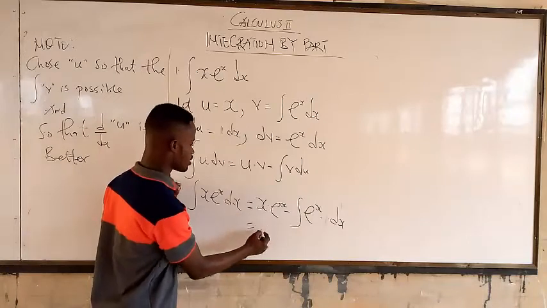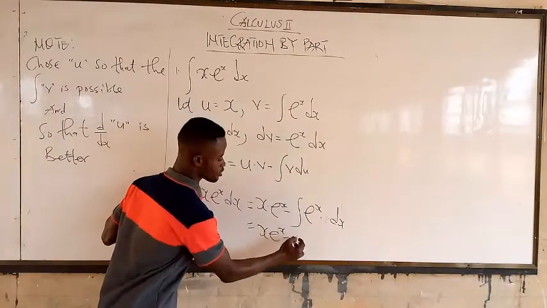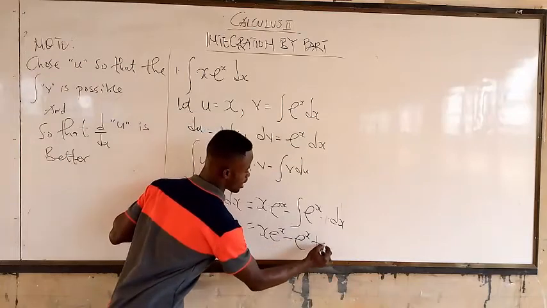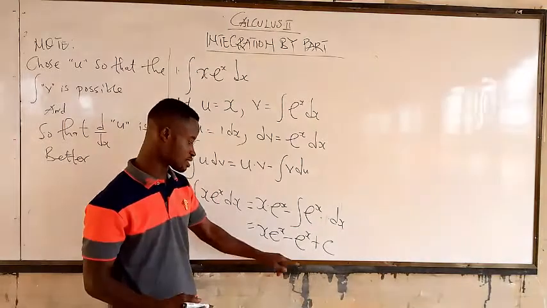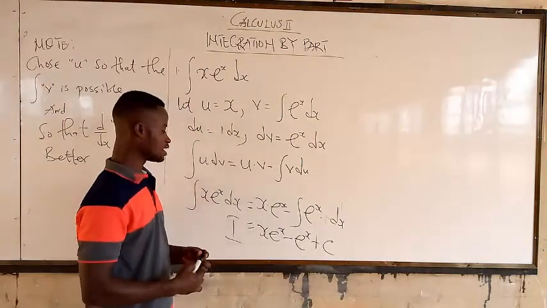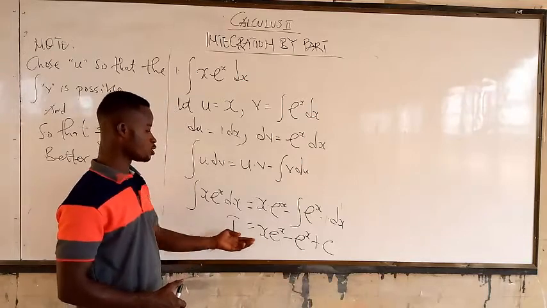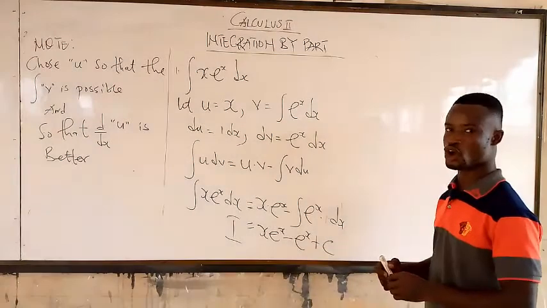So when you integrate, x e raised to the power x minus, integrate this, you get e raised to the power x plus c. So here is when we add the plus c. That is all for that. So we get the integral of this to be this. Now, you can choose to apply your algebra.